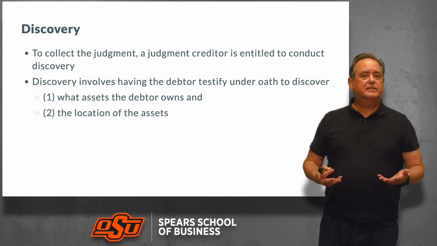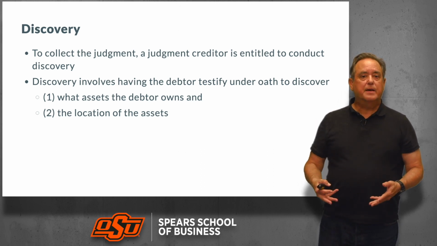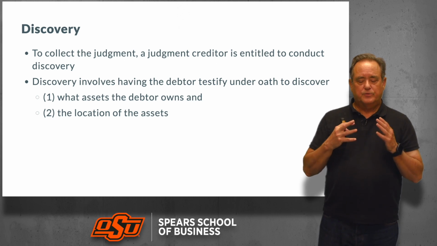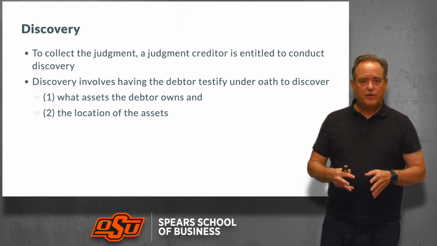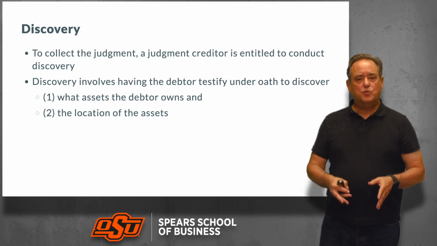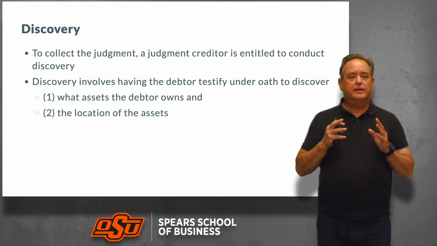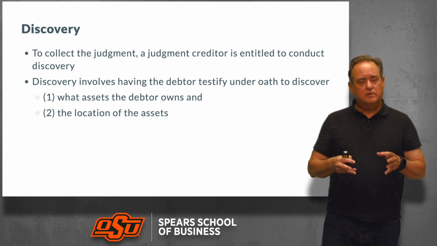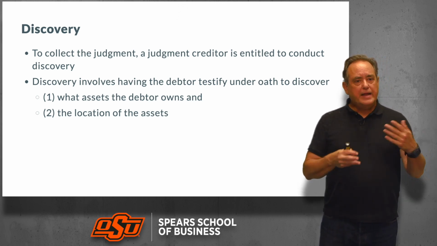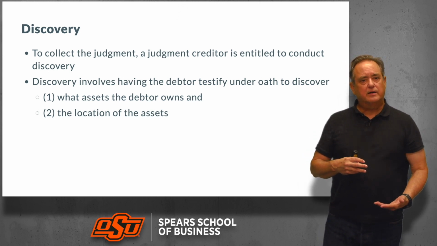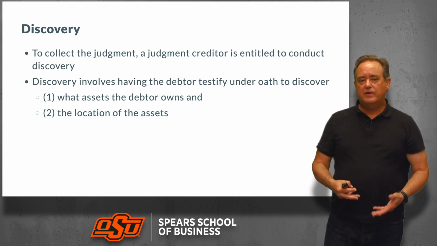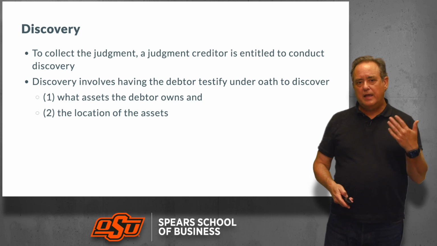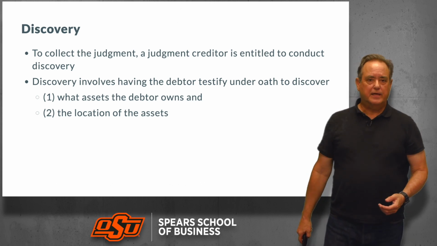And ordinarily this is done in the course of a deposition. You sit down with the debtor in front of a notary, the debtor must swear an oath, and the judgment creditor or their attorney is free to ask questions of that debtor in an attempt to locate assets, whatever assets the debtor owns and where those assets are located.